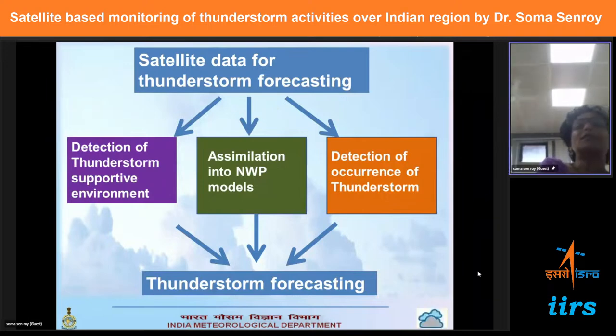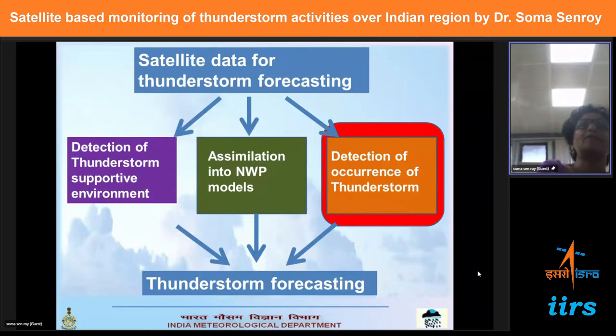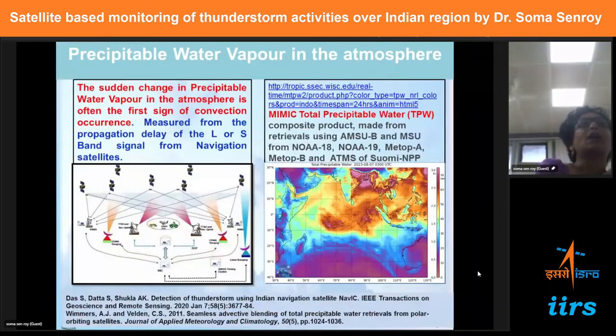When we talk of the detection of occurrence of thunderstorms, here we are not talking of only the thunderstorm supportive environment or assimilation. When we are talking of direct detection, I will be quoting a few papers that have worked on this.